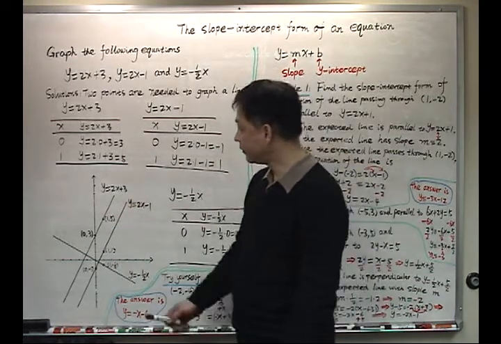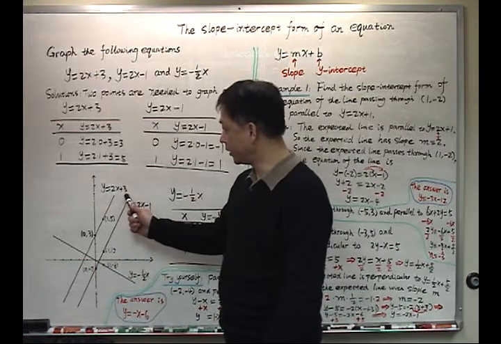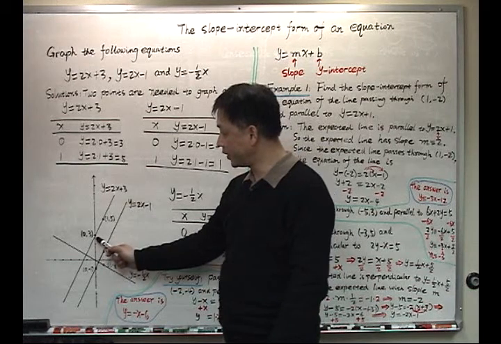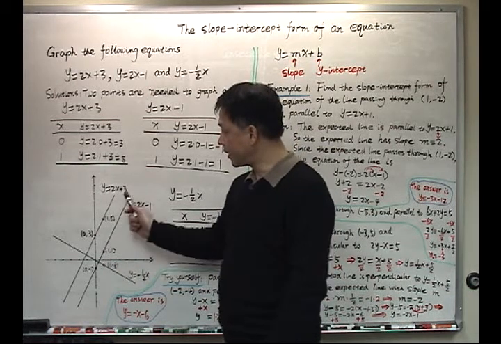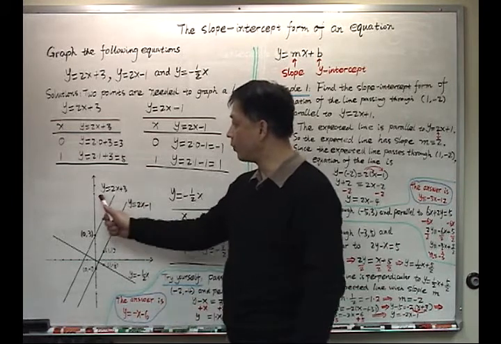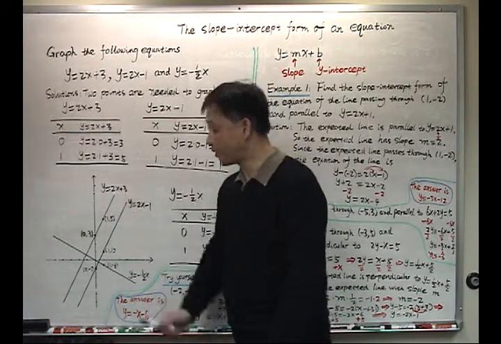Now, what's the 3? If you let x be 0, y is 3. (0, 3) is right here. Then 3 actually is the intercept. So y equals 2x plus 3.